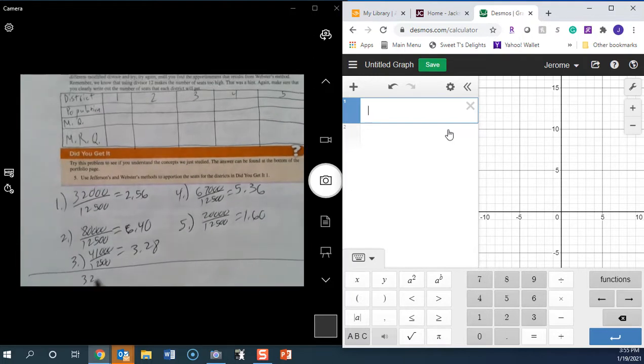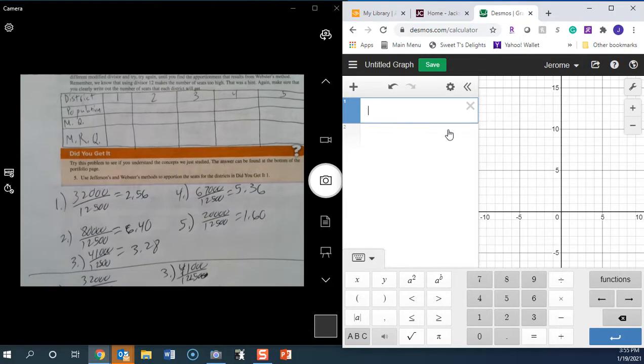So we had 32,000 divided by 12,250. 80,000 divided by 12,250. 41,000 divided by 12,250.